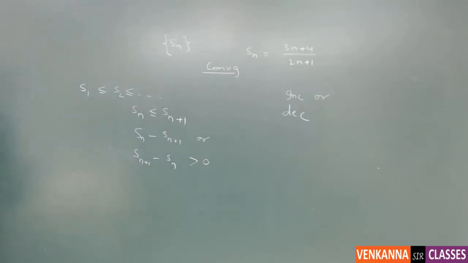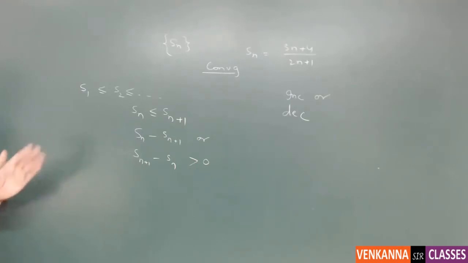Yes or no? Since the nth term is given, I will write the n plus 1 term, calculate the difference between these two, and show that it is positive so that it becomes an increasing sequence. Fine, that is the objective of the problem.